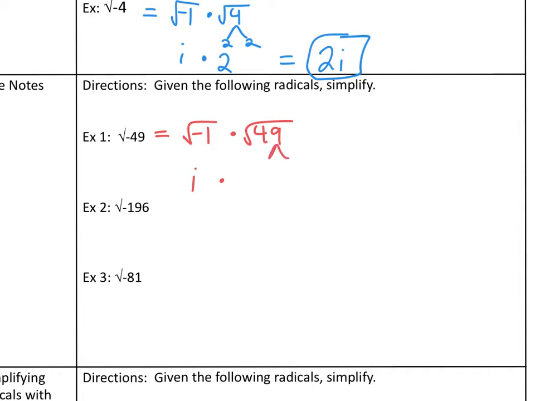And 49 is going to break down to 7 and 7. Can those break down further? No. My index is 2. Do I have 2 of the same number? Yep, and it is 7. So i times 7 gives me 7i. Good.